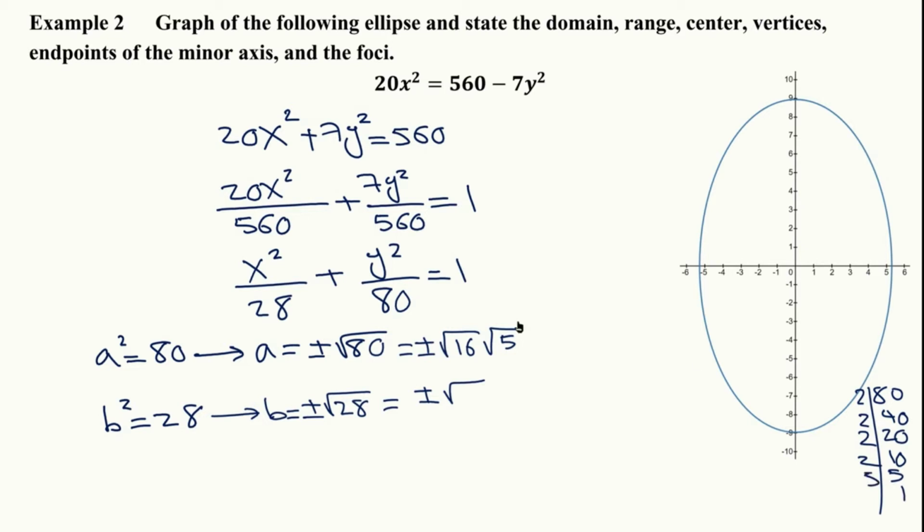So on the left here is the prime factorization of 80. And you can see that a perfect square in there is 16. So that's how we get that. And then what's left is 5. So we put that under a radical, and we end up with plus or minus 4 radical 5.